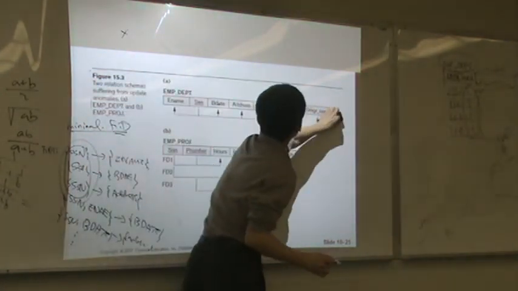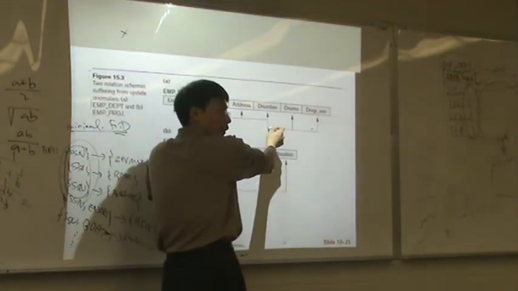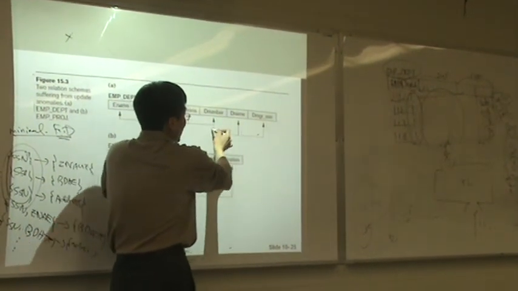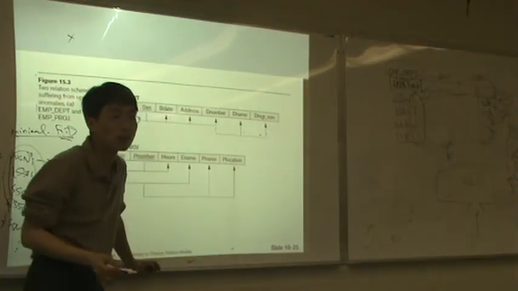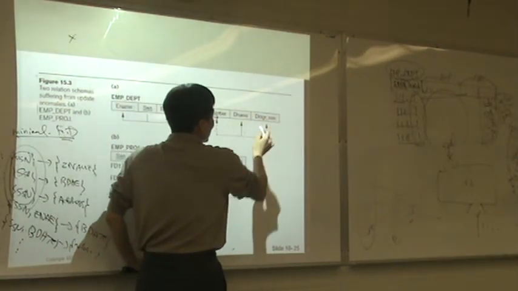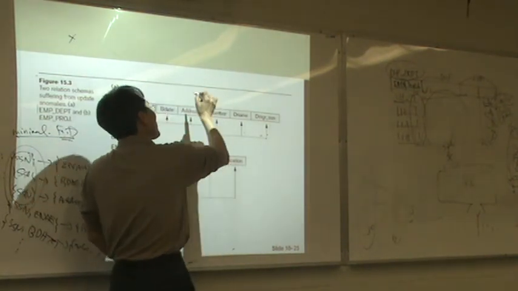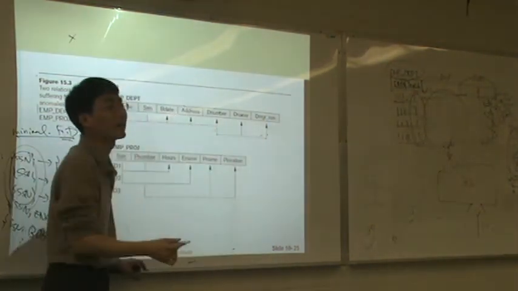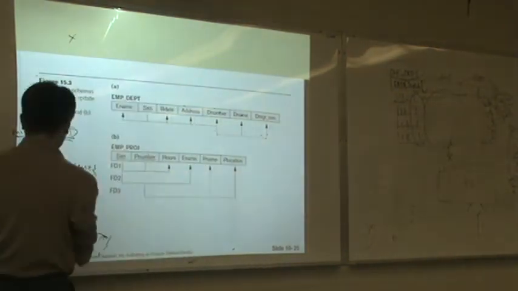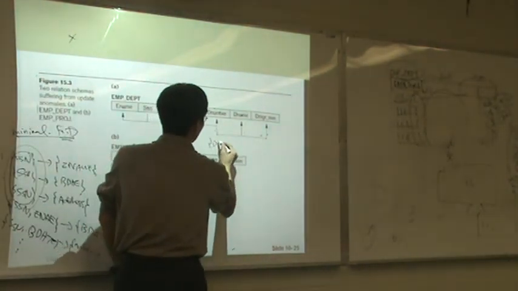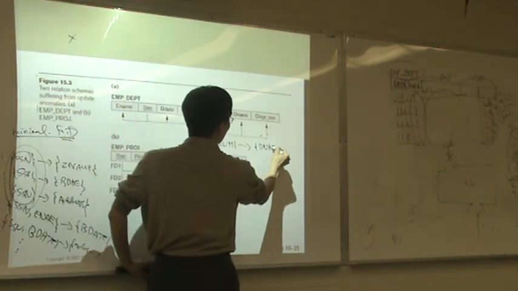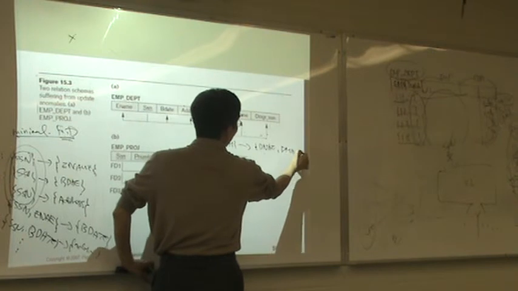What about this one? We can also identify D number determines D name. D number determines D manager underbar social security number. Also D number plus D name determines D manager social security number. D number plus address also determines D name. There are many functional dependencies, but we can identify D number determines D name and D manager SSN.